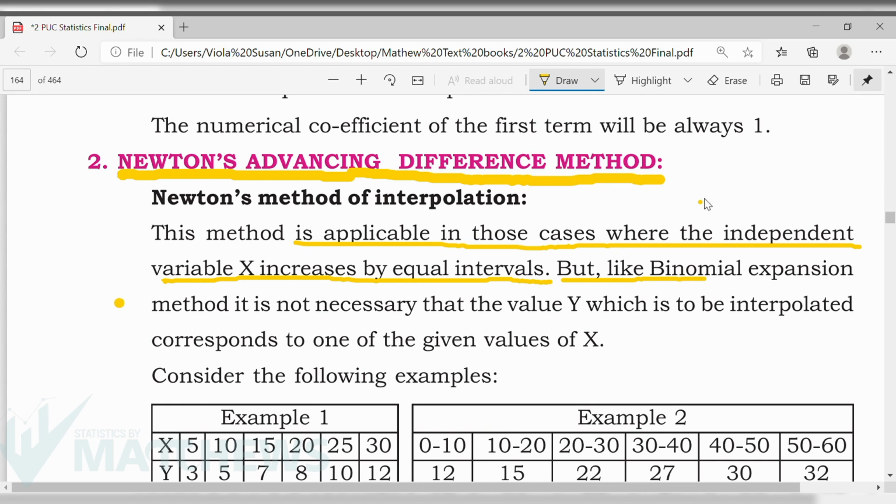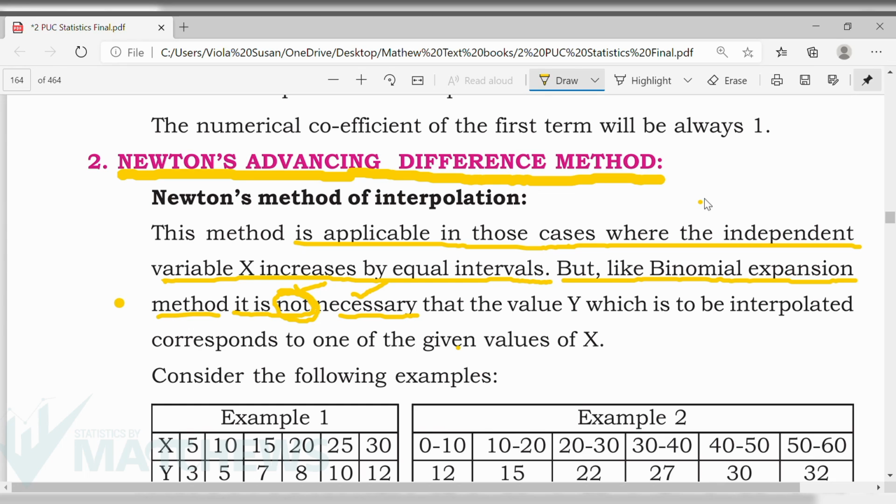Unlike the binomial expansion method, it is not necessary that the value of y which is to be interpolated corresponds to one of the given values of x. In the binomial expansion method it is necessary, but in Newton's advancing difference method it is not necessary that the value of y to be interpolated corresponds to a given value of x.